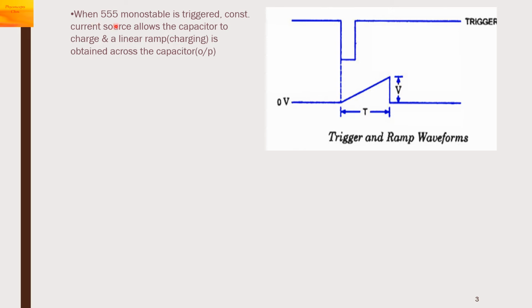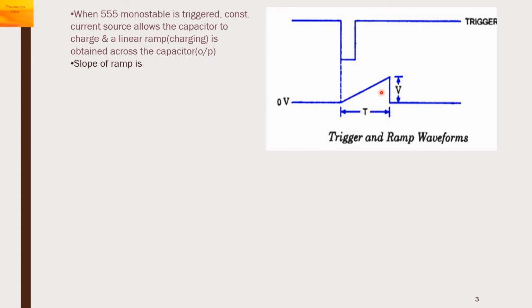So when the 555 monostable is triggered, the constant current source allows the capacitor to charge and a linear ramp is obtained, that is shown in this waveform. This is the charging ramp. It is obtained across the capacitor, that is at the output.